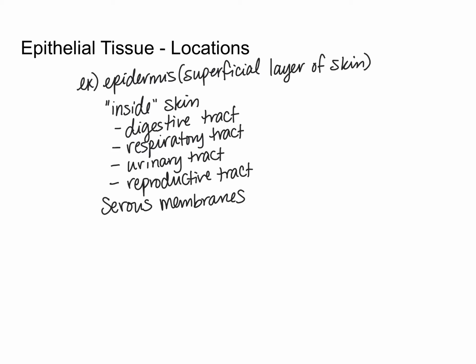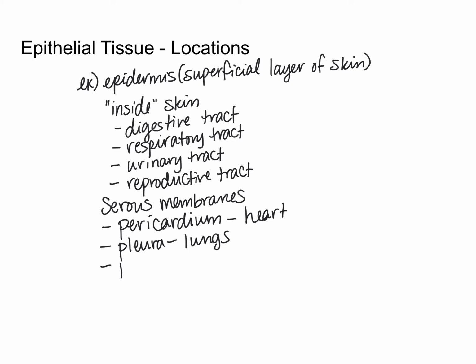So examples of serous membranes include the pericardium, which surrounds the heart. You've got the pleura, which surrounds the lungs. And you have the peritoneum, which surrounds the digestive organs, especially the intestines in your abdomen.